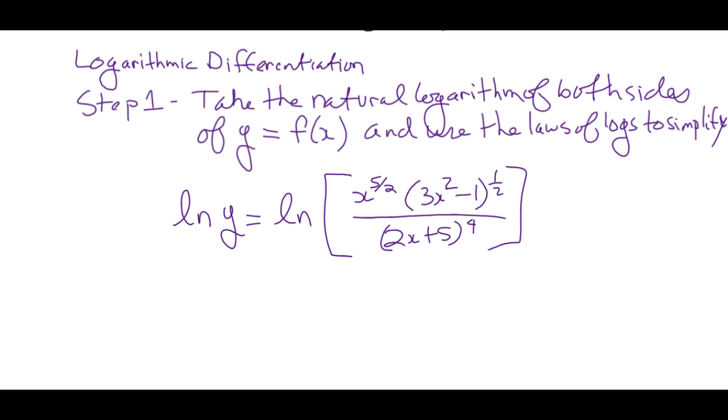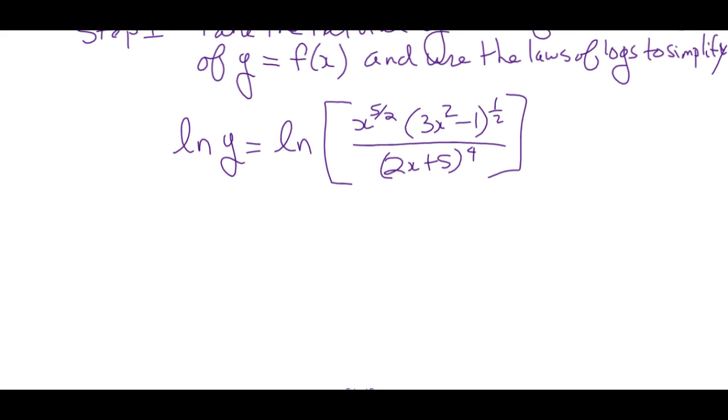Okay, and in this case, there's really nothing stopping us from doing it the other way. It's not like we have to do this. Okay, so that means that ln y is equal to, let's simplify that. It's going to be 5/2 ln x. When I take the natural log of something that has an exponent, I just kick the exponent out front.